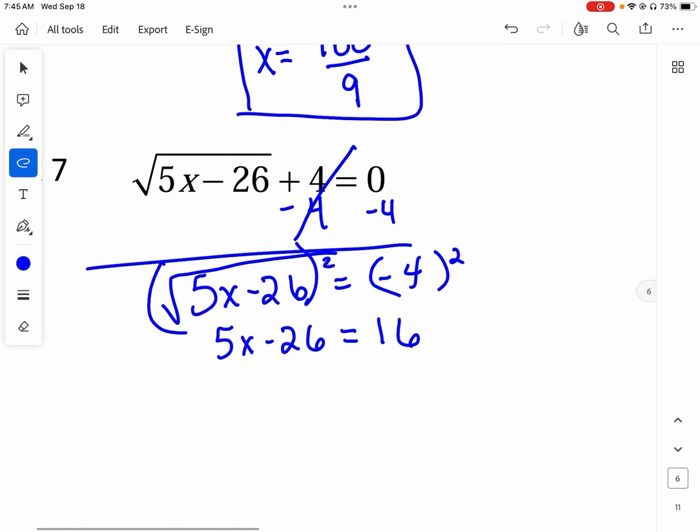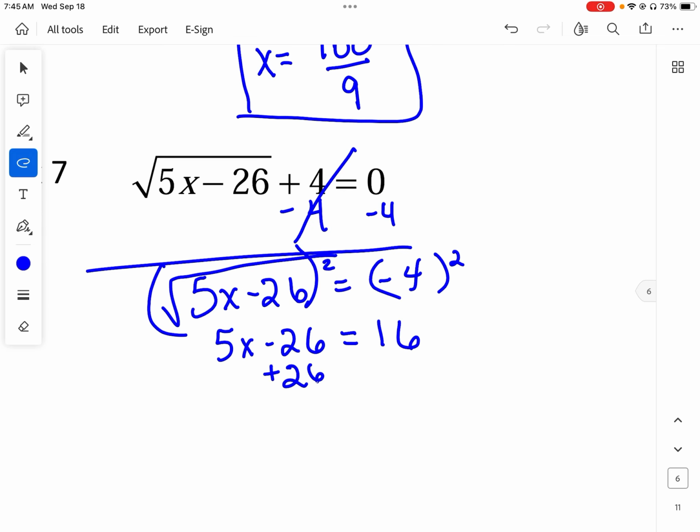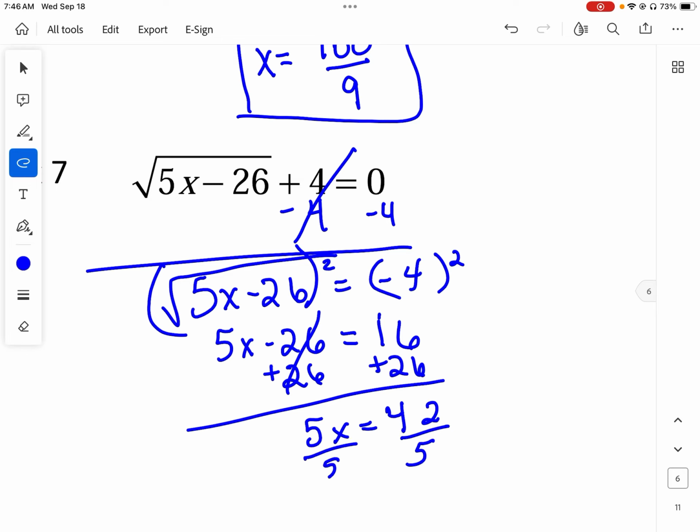Now solve it like an algebra problem. Algebra 1. And divide by 5. So x equals 42 over 5.